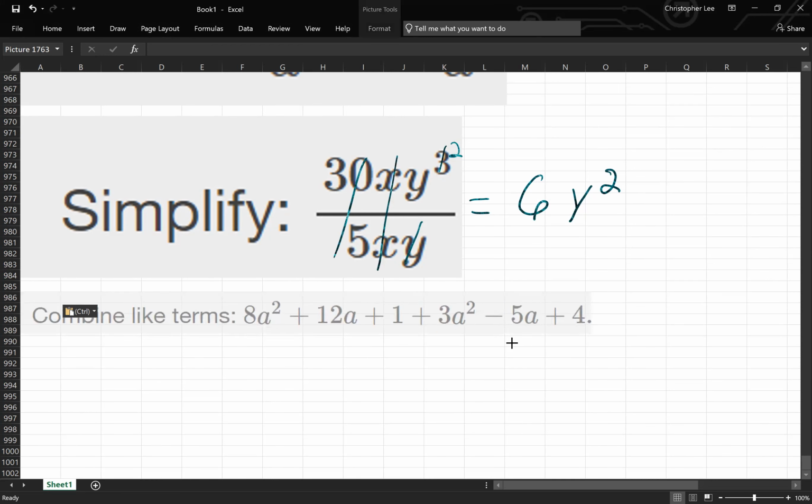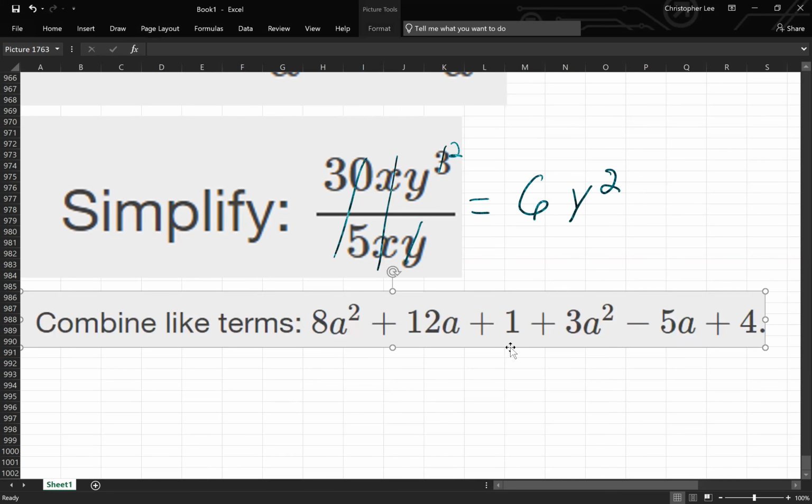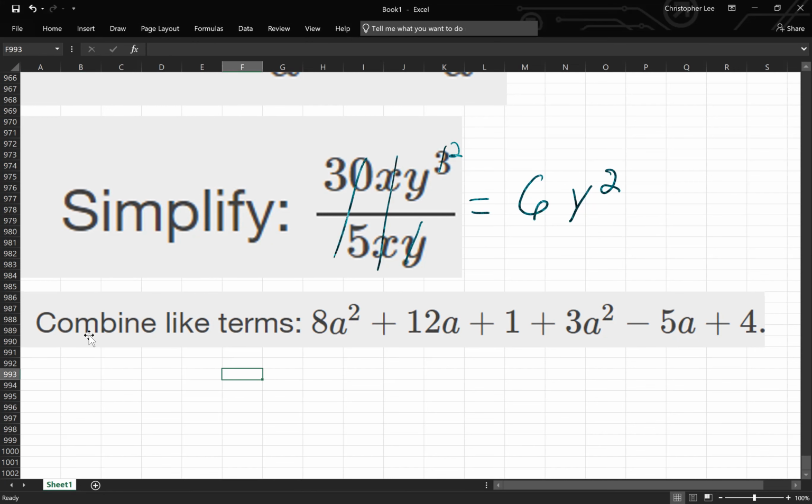Over here, combine like terms. So let's look at what we have alike here. 8a squared plus 3a squared. That's going to give me what? 11a squared. Next, I have 12a minus 5a.